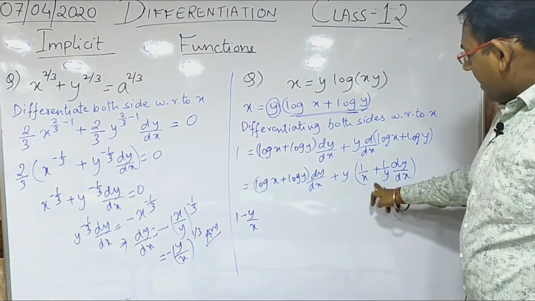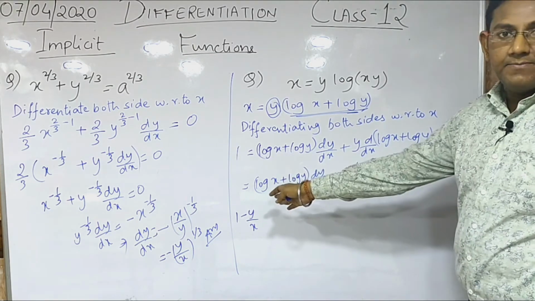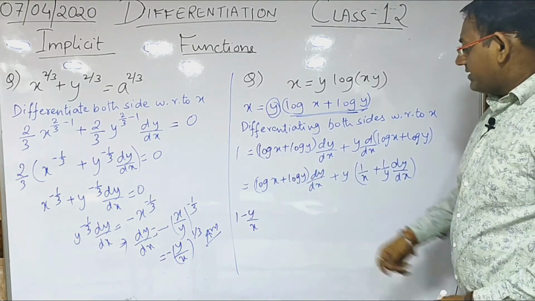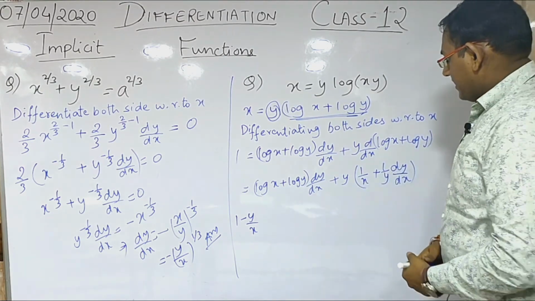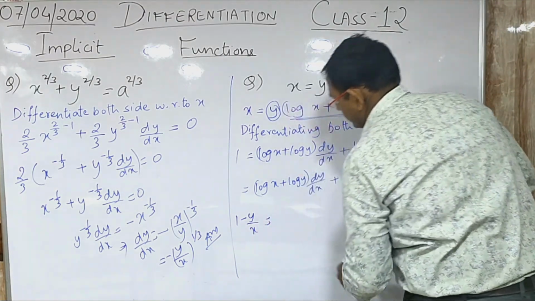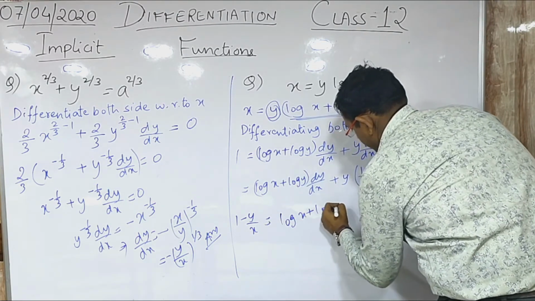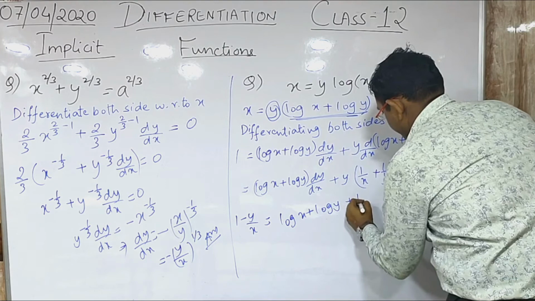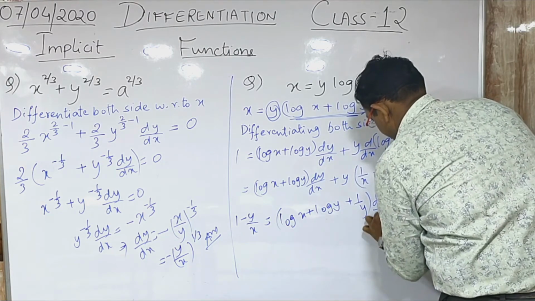So y by x that we are getting over here, we will take to the other side. So it becomes minus y by x, equal to log x plus log y plus 1 by y dy by dx.